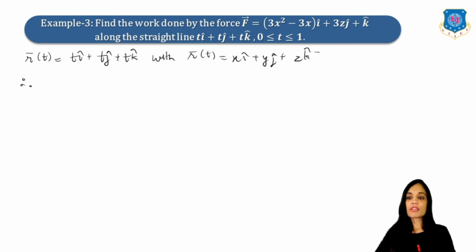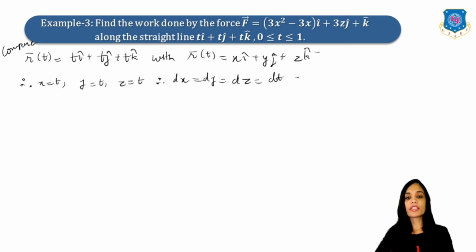So from this you can say that x is equals to what, t, y is also t, z is also t. Therefore your dx is equals to dy is equals to dz will be what, dt.